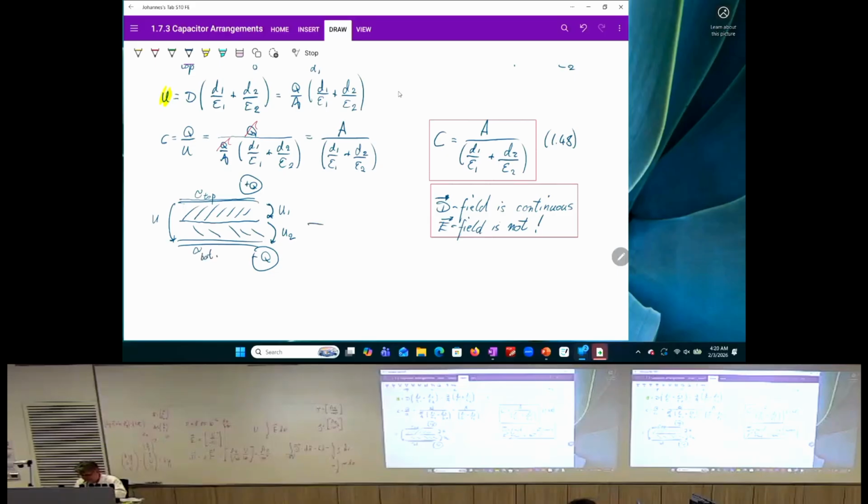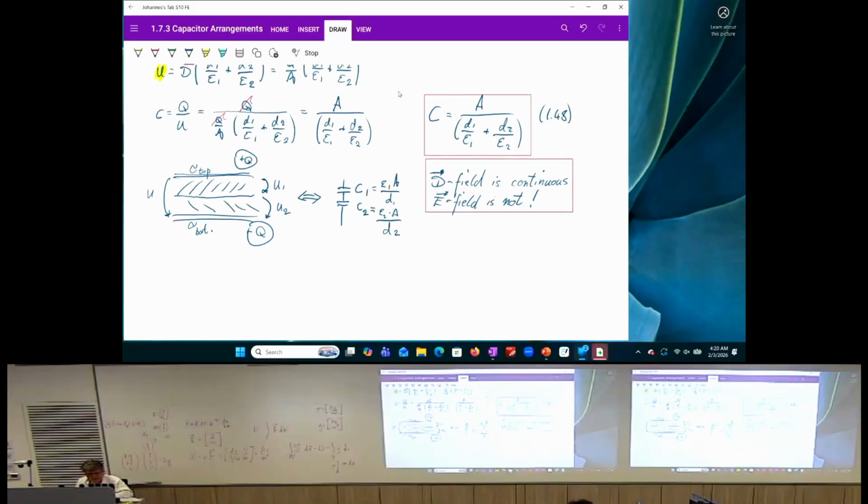And this is represented by an equivalent circuit of this type, where you have two capacitors put in series with each other. The one has a capacitance, because this is a parallel plate setup, of epsilon 1 times A over d1, and the other one of epsilon 2 times A over d2.